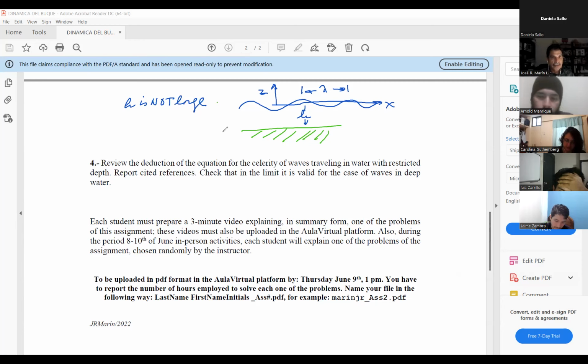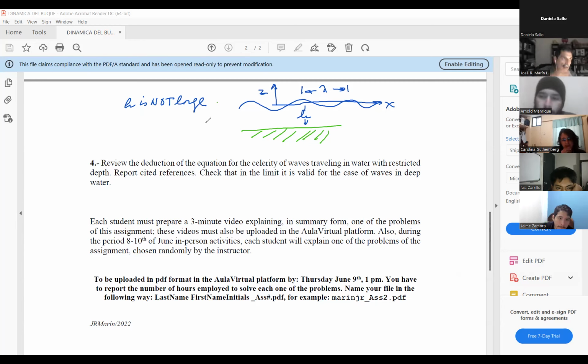So the function to solve this problem is not the same as the one before. It's different. I don't want you to develop the solution because we have spent only 5 or 6 hours studying this hydrodynamics, so I'm not going to give you that problem.